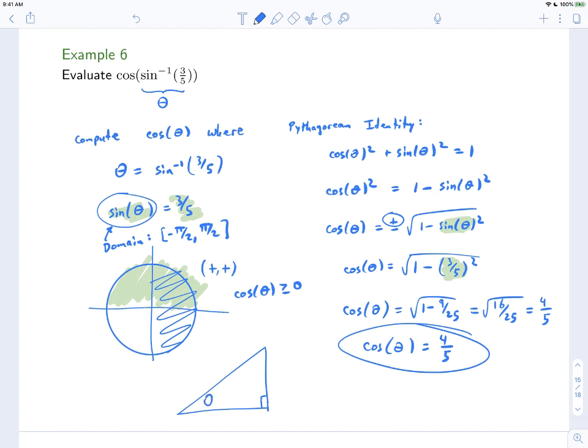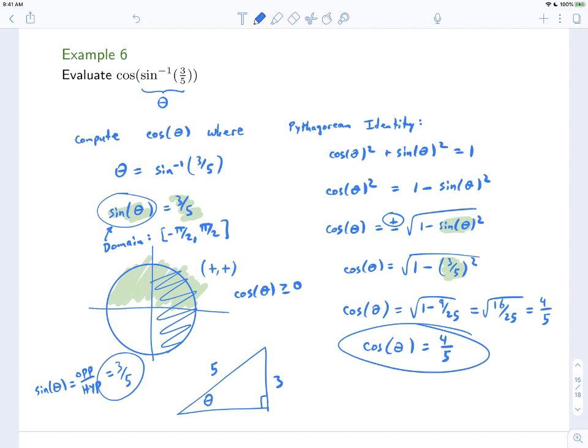So if this is our angle theta, we know that sine of theta is 3/5. Well, what is sine? Sine is the opposite over the hypotenuse. But we know that sine of theta is 3/5. So we can construct a right triangle with these dimensions. So the opposite side is 3 and the hypotenuse is 5.